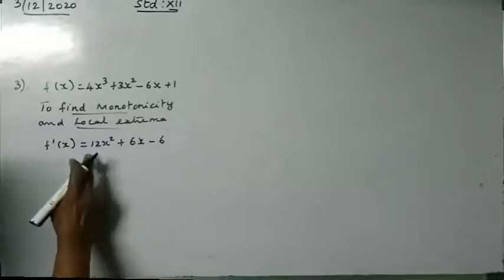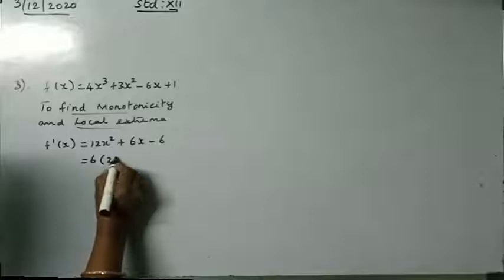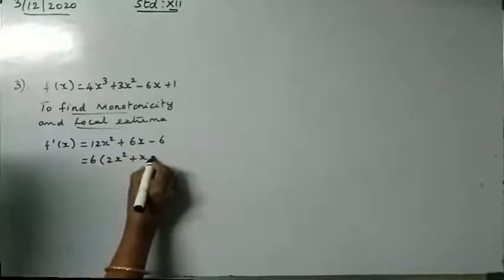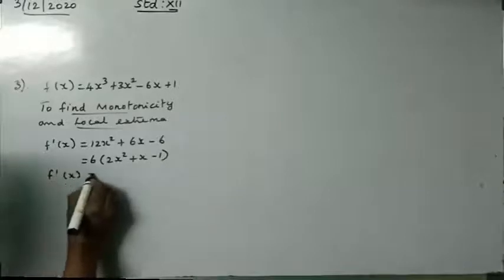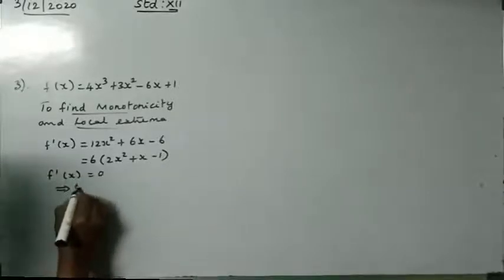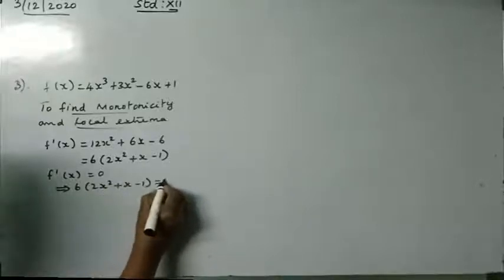Here I can take 6 as a common factor, so we get 6 into 2x square plus x minus 1. If f dash of x is equal to 0, then 6 into 2x square plus x minus 1 is equal to 0.